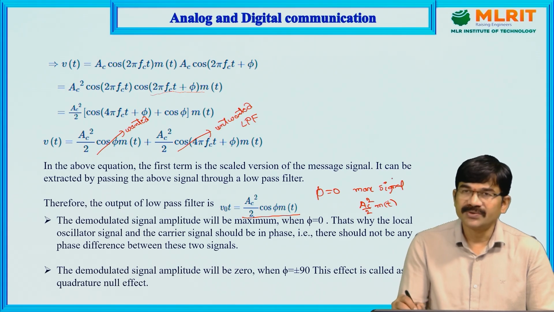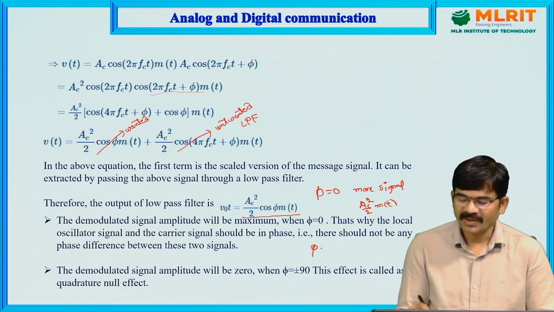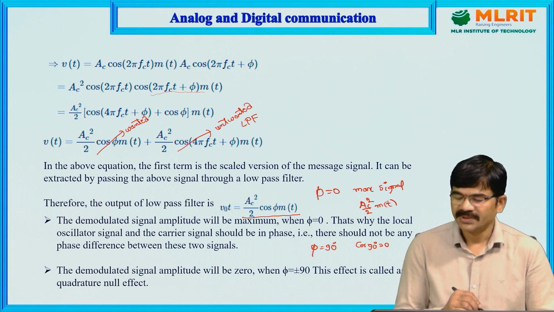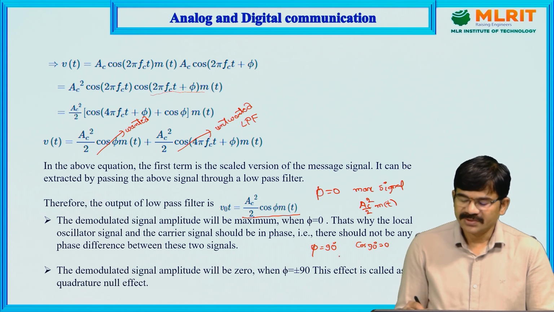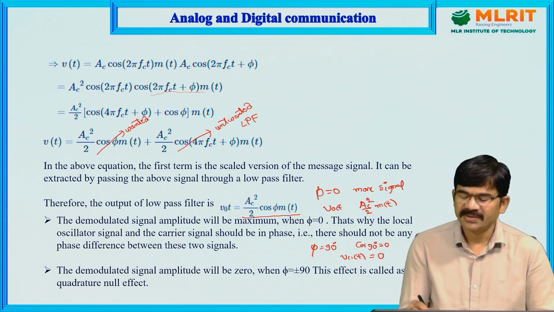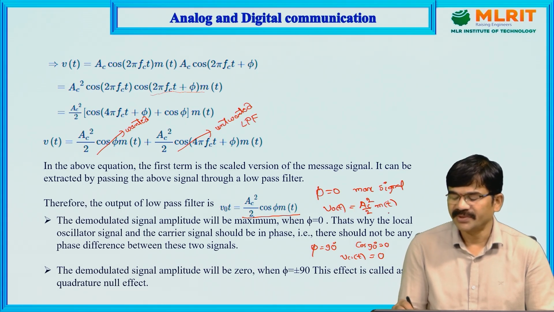If phi is equal to 90 degrees, cos phi, that is cos 90 degrees, is equal to 0. Cos 90 is equal to 0. So what is the value we are getting here? V0 of t is equal to 0.